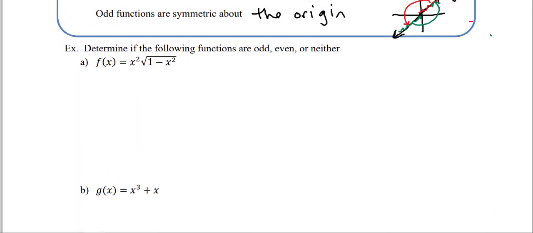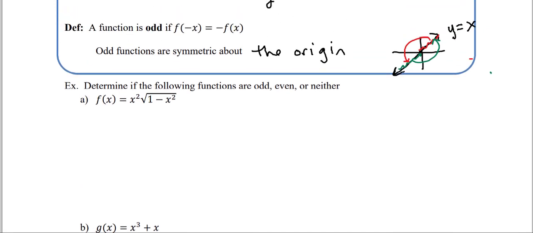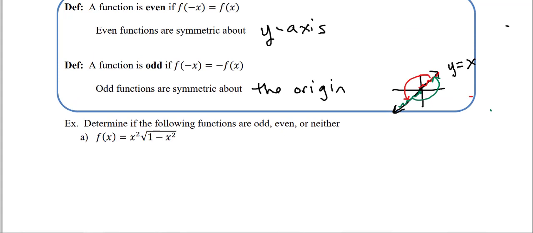Let's take a look and determine if these are even, odd, or neither. We could look at them on a graph, but the way we actually determine that is by using this definition right here. We figure out what f of negative x is.